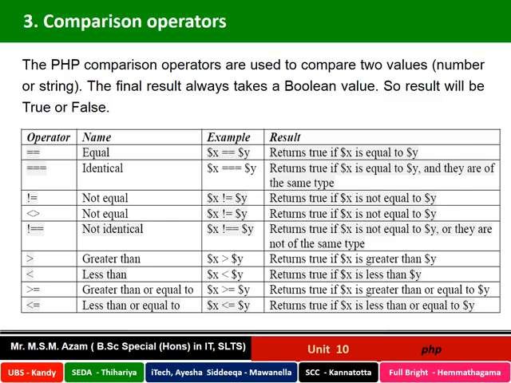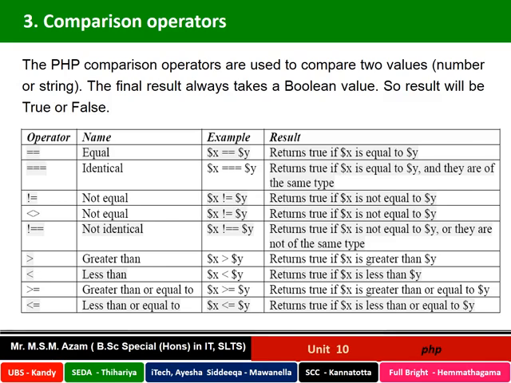Next one, the less than operator. Example, $x < $y. It returns true if the value of x is less than the value of y. Next one, greater than or equal. Example, $x >= $y. It returns true if the value of x is greater than or equal to the value of y.